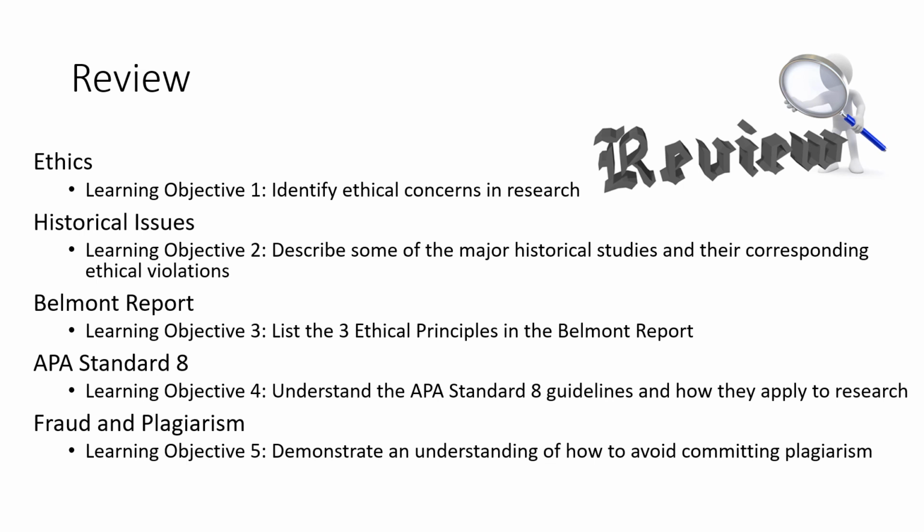We looked at APA Standard 8, with the learning objective to understand the APA Standard 8 guidelines and how they apply to research. We also looked a little bit at animal ethics, and then finished up with fraud and plagiarism, with learning objective 5, the most important one of all of these: being able to demonstrate an understanding of how to avoid committing plagiarism.